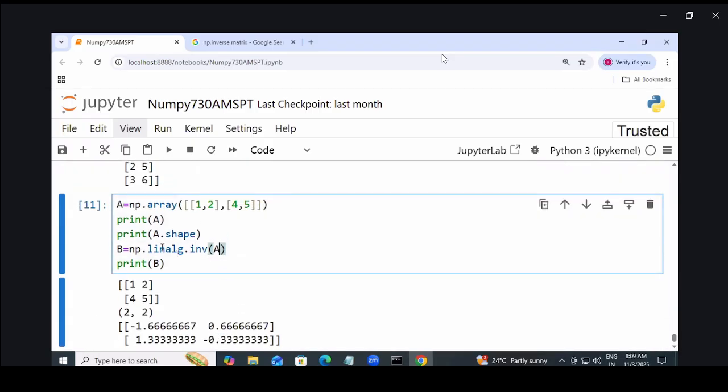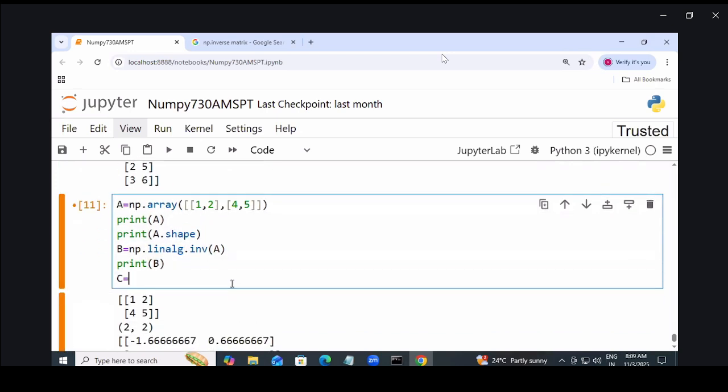You can find the inverse by using this, and you can also find the transpose by using the same library, np.linalg.inv. What is a transpose?